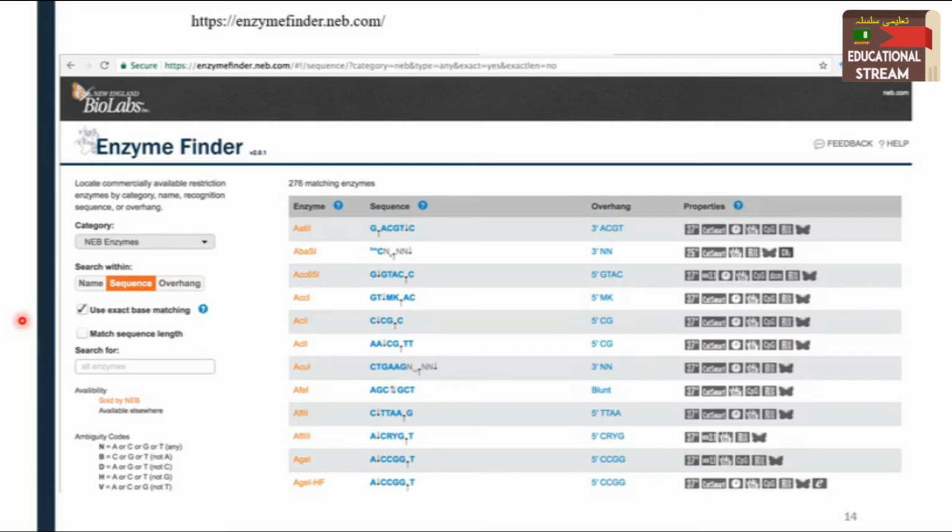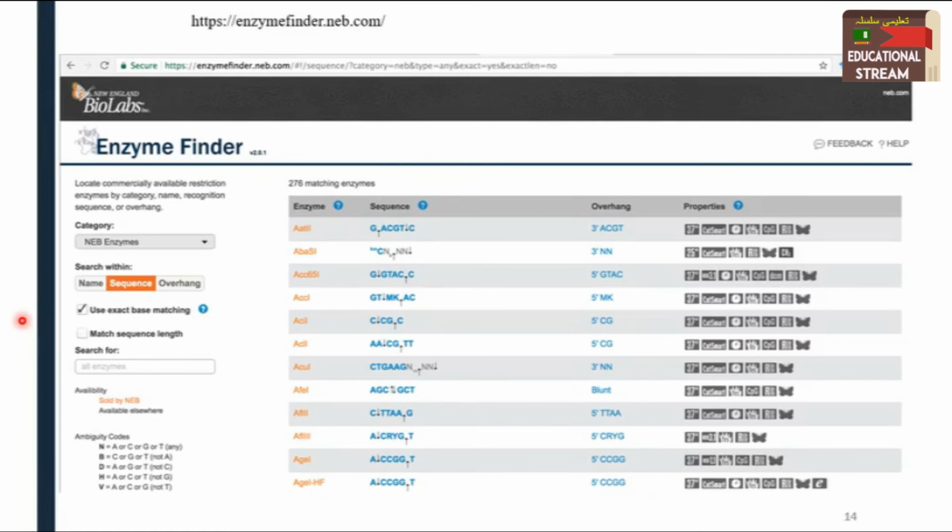If the enzyme makes a cut in your DNA sequence within the gene, it means you cannot use that restriction enzyme at the 5' or 3' site, because if you use that enzyme, then instead of obtaining a single gene fragment after restriction endonuclease treatment, you will get two fragments and your whole gene will not be cloned into the vector. So you need to be very precise and specific in choosing or selecting the restriction enzymes.